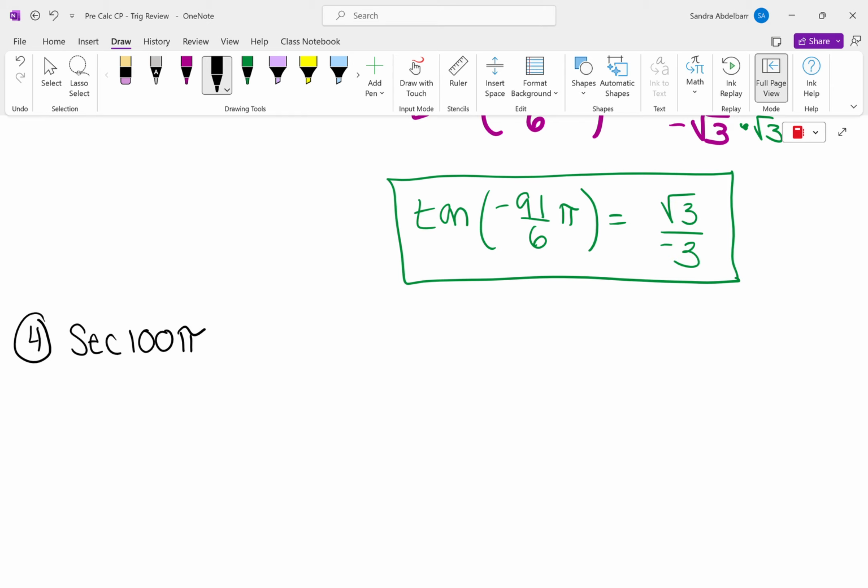This is a special case. Is it a unit circle? Good, Matt. What'd you just say? Unit circle. This is a unit circle.